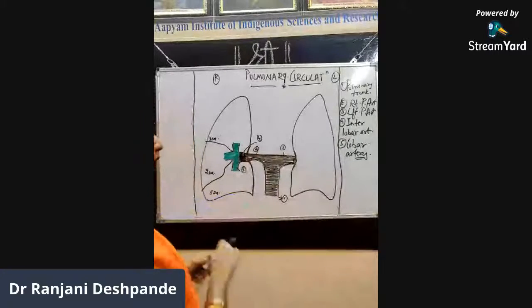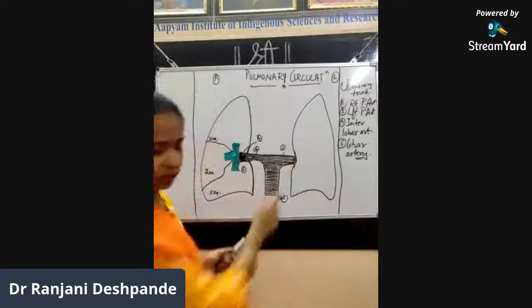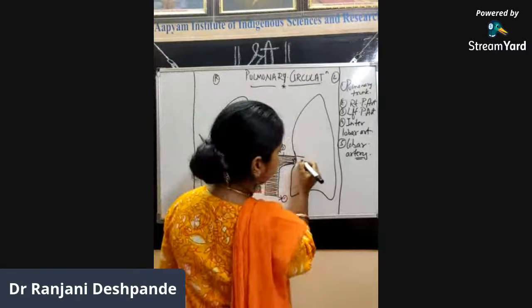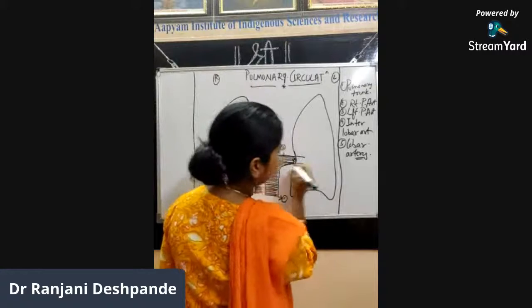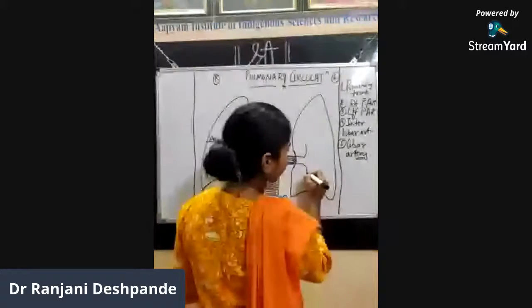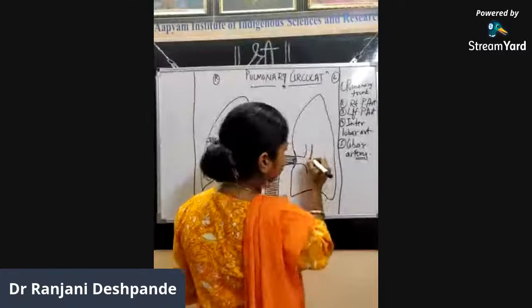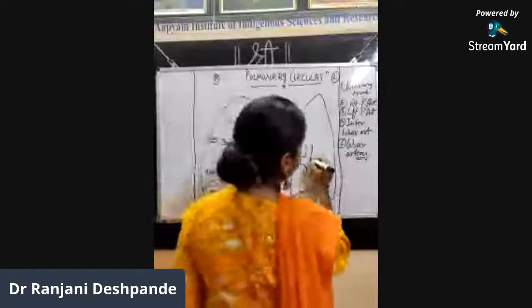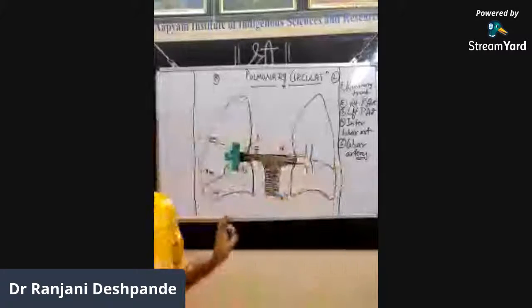So on the left side, before going on further, we'll complete the diagram here. In the left also, the pulmonary artery enters the lung, and here it divides into 2. Why? Because the left lung has 2 lobes.